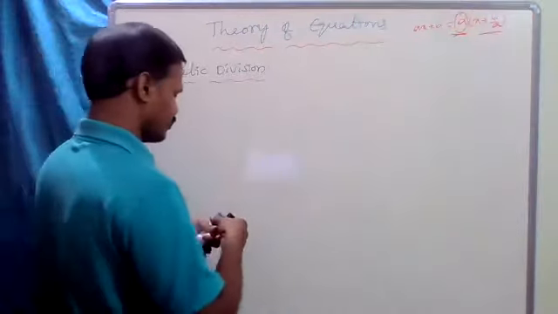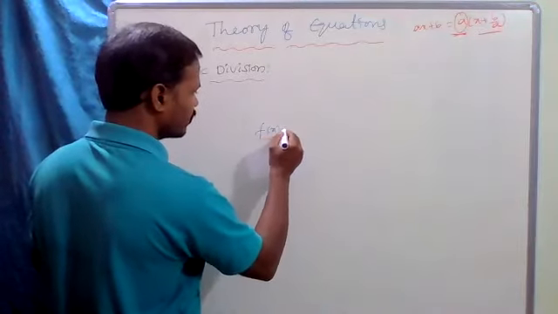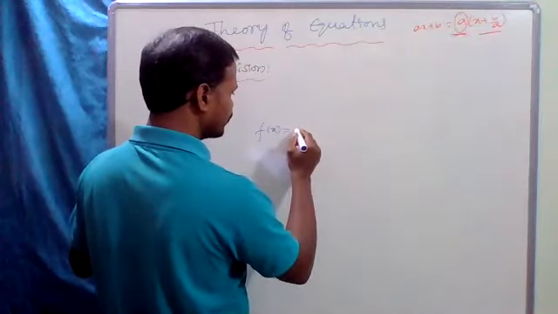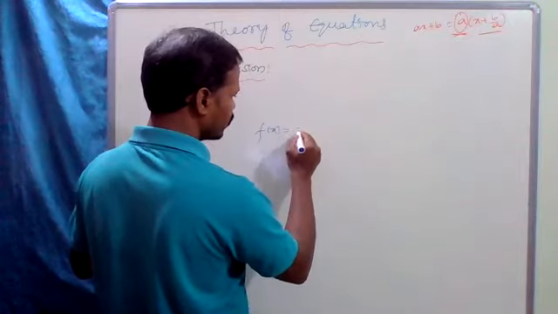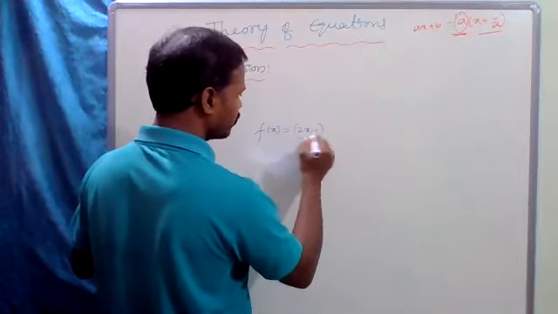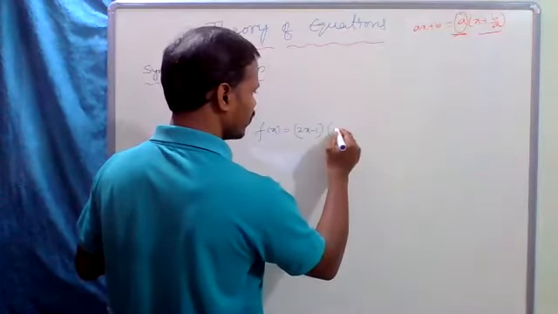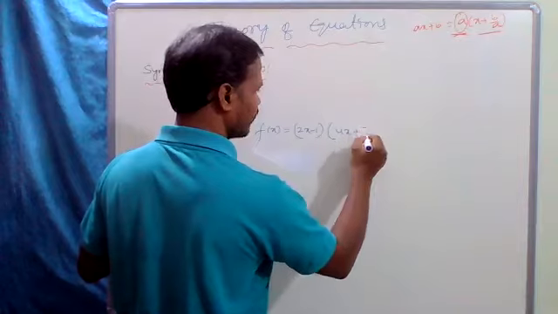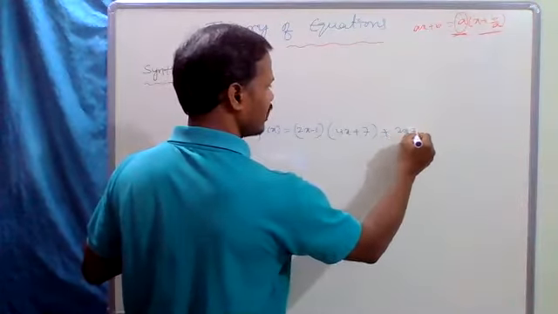Okay, now f of x equal to 2x minus 1 into, for example, 4x plus 7, plus 2x plus 5.